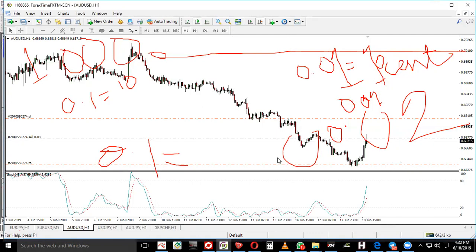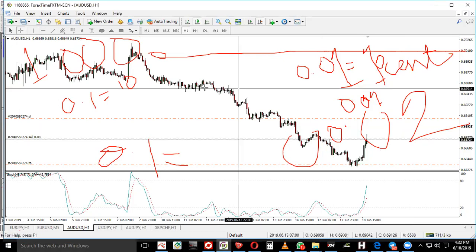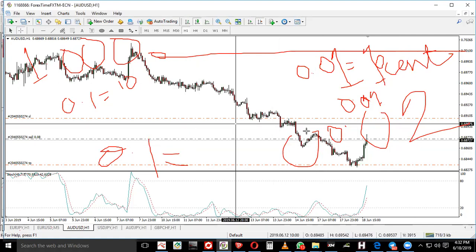I just put my crosshair here and draw it down to any point on the chart, and I would see the number of pips. To where my take profit is now is 40 pips. You see the number of pips.